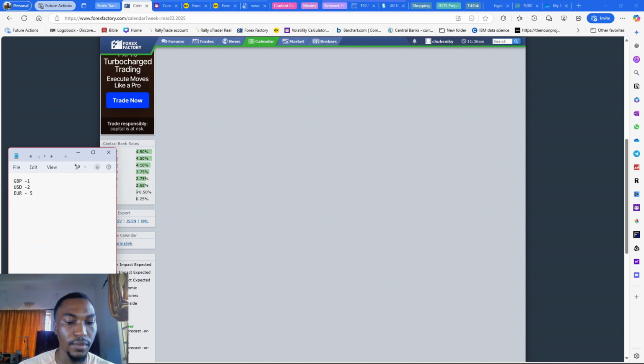All right, so in terms of arrangements, this is what it should look like. So it means the one with the highest probability to buy in terms of central bank rate, because it has the best interest rate, is where you should be buying, because that is where a lot of investors will want to put their money into.